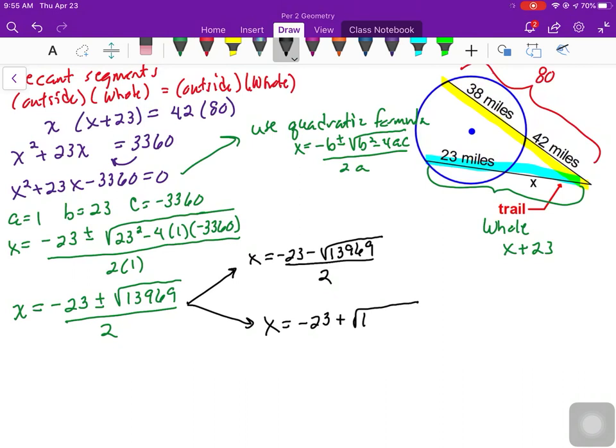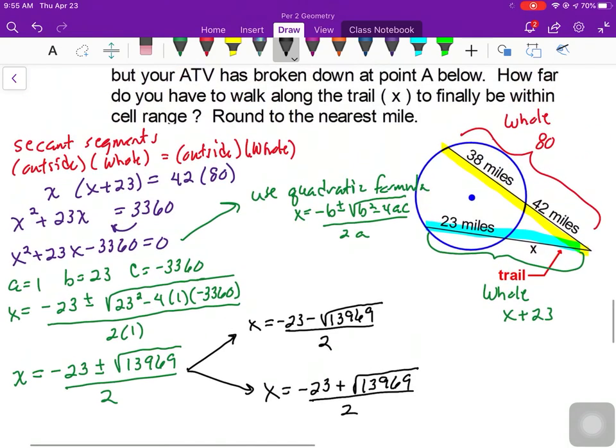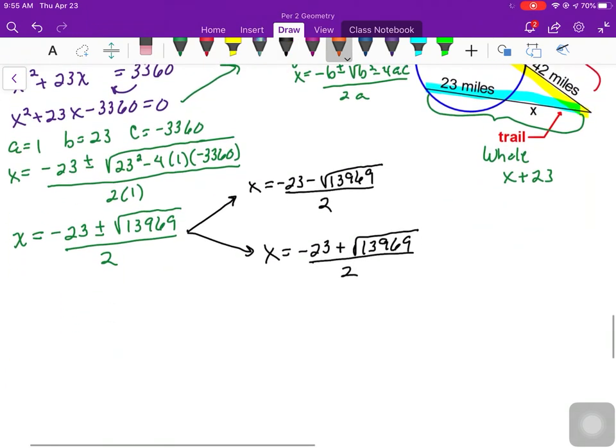Negative 23 plus the square root of 13,969 divided by 2. Now it told us that we're going to round to the nearest mile. So in the problem it said round to the nearest mile.